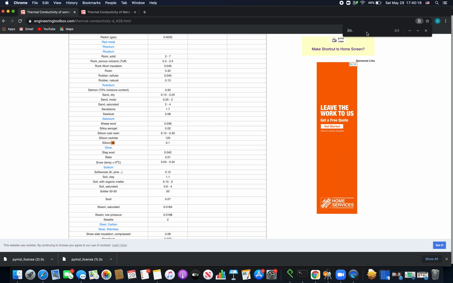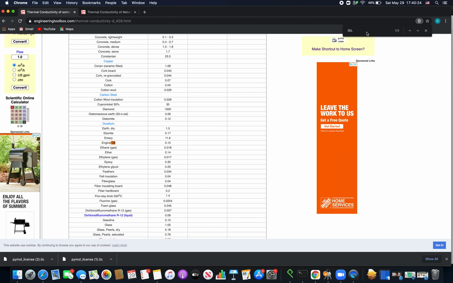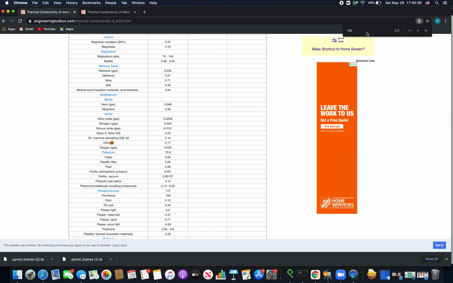Then let's look at some other ones. Engine oil is a little over, about 7 times bigger. And then there's a bunch of other oils that are even better and ones that are less good.